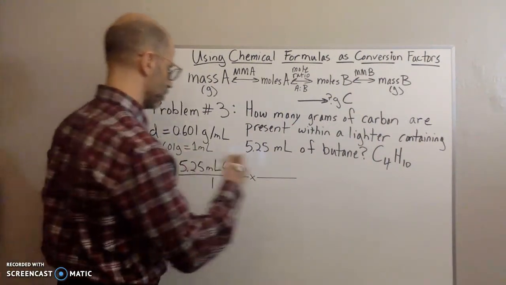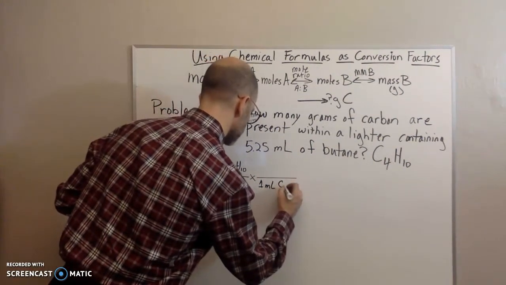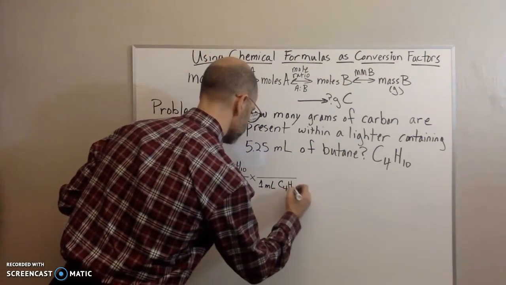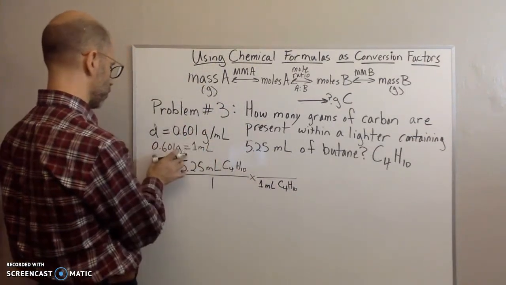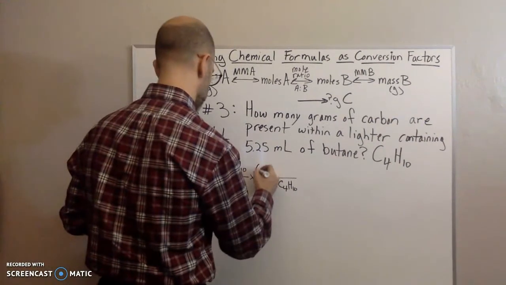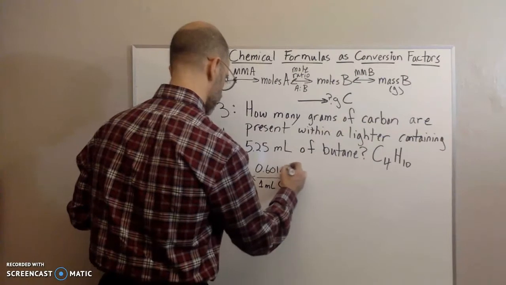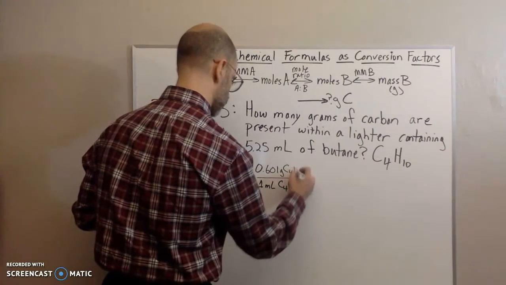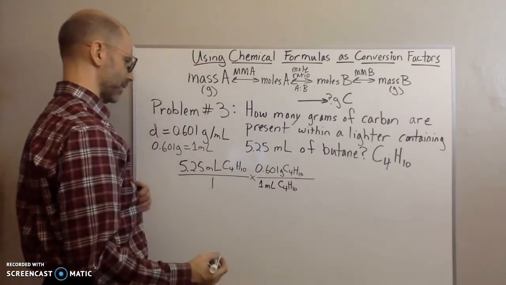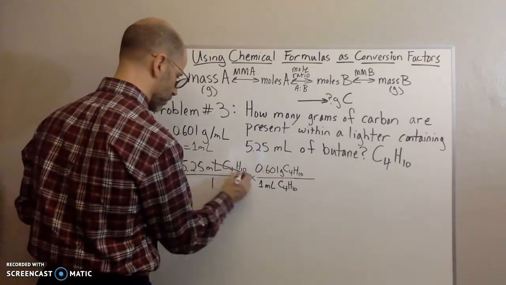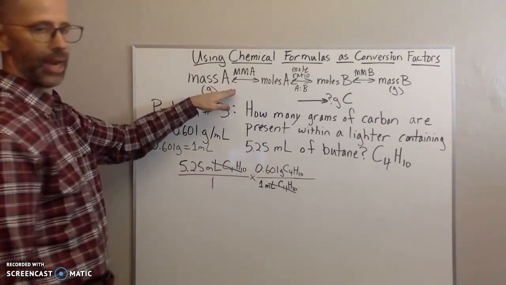We put 1 milliliter of the butane, C4H10, on the bottom to cancel out, and then we put 0.601 grams of the butane, C4H10, on top. Now the milliliters cancel out, and now we have grams. Now we're on the highway.